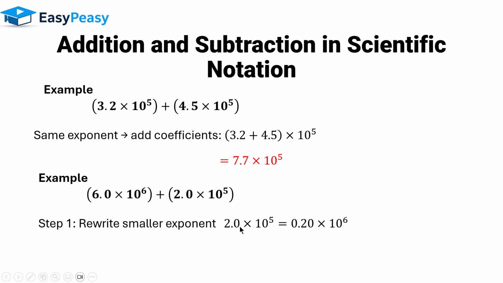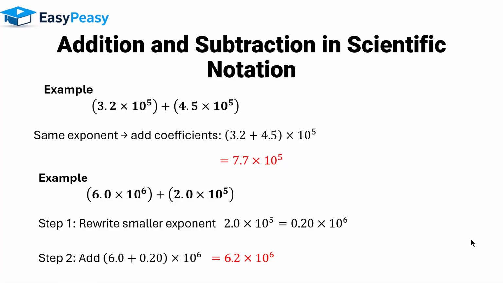So here I made the 2 into 0.2 times 10 raised to power 6. Now the exponents are the same. Let's add them up. 6 plus 0.2 is 6.2, and the exponent stays the same as 10 raised to power 6.